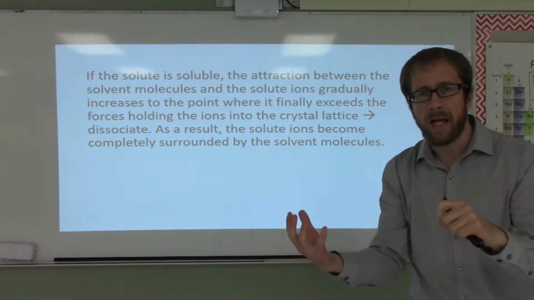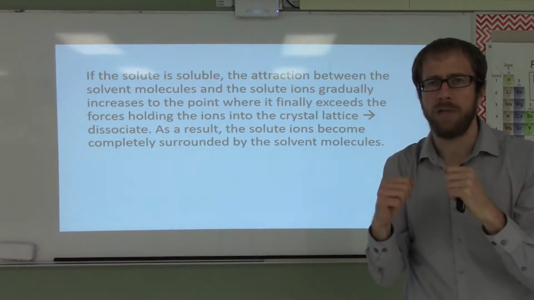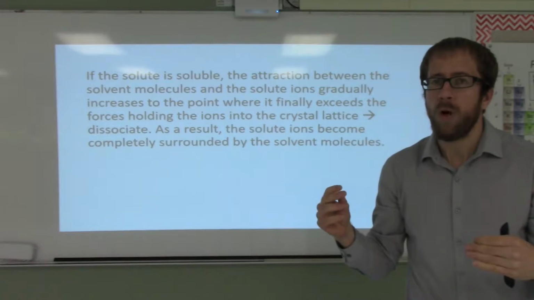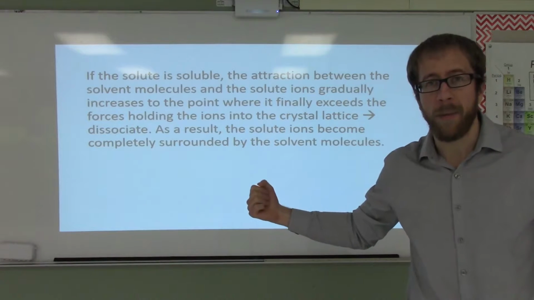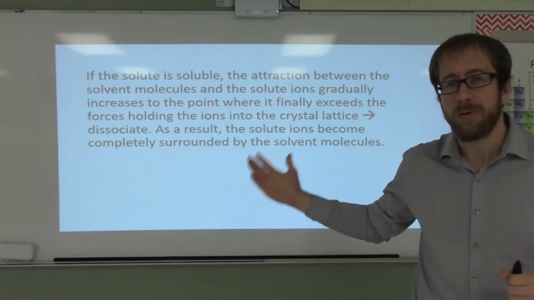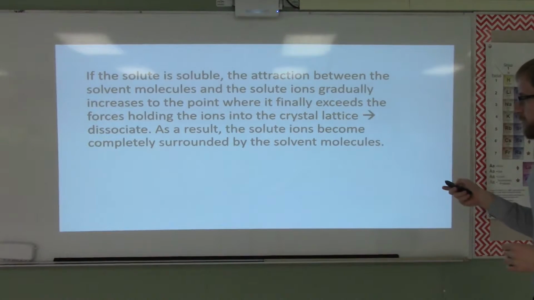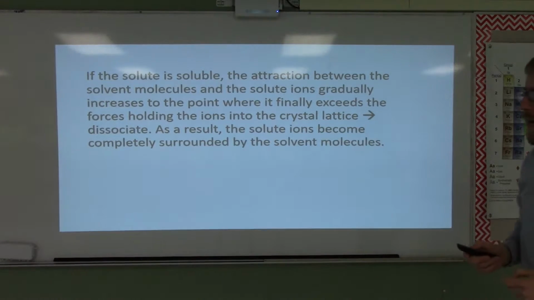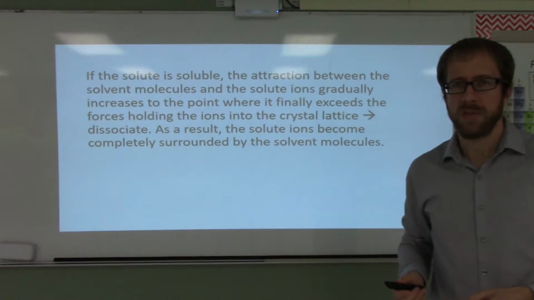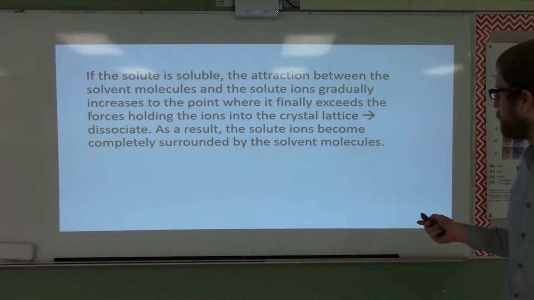So those interactions between your water molecules and those ions will allow the ion-ion bonds to be overcome so those ions can dissociate and thus dissolve. Now, as a result, these solute ions become completely surrounded by these solvent molecules. And we're going to have a look at that in a second.